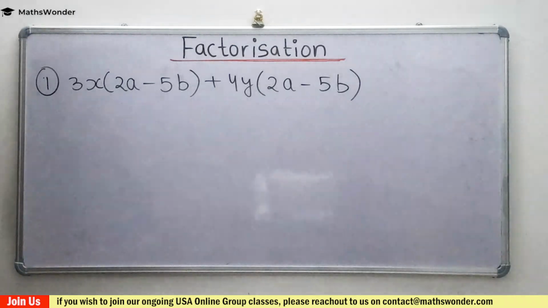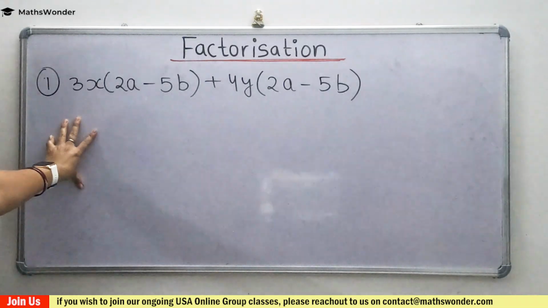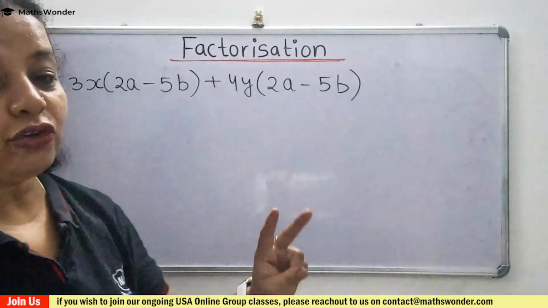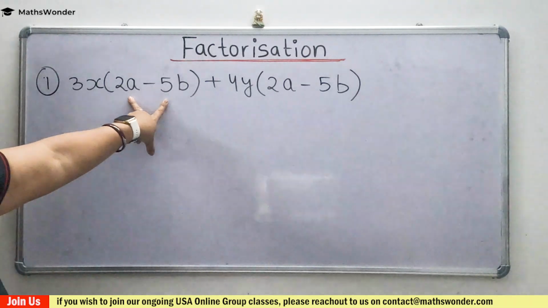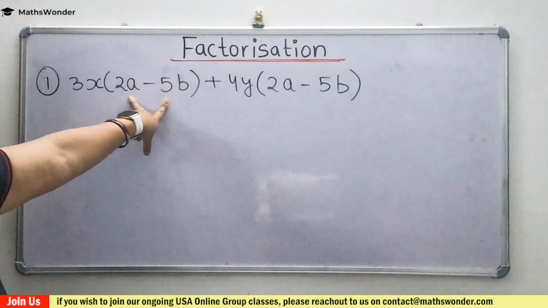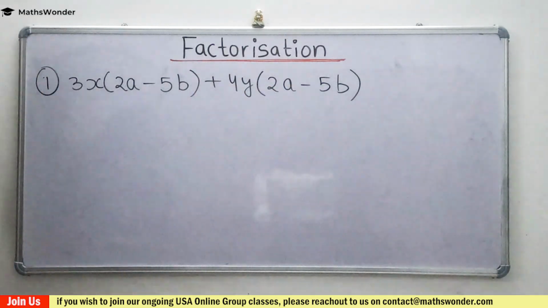Now the next type is when each term of the given expressions contains a common binomial. Binomial means a term with two expressions. So these are binomial terms, right? Now the second case for the binomial.